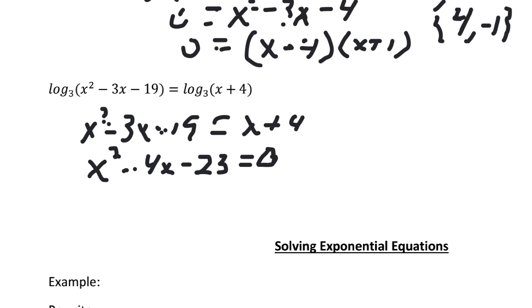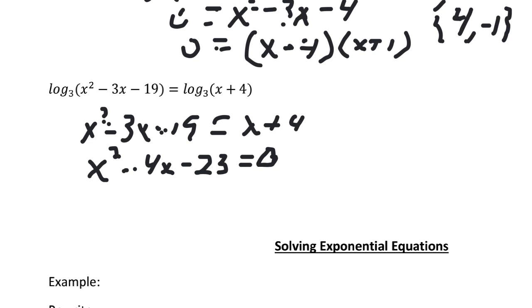x equals opposite of b plus or minus the square root of b squared minus 4 times a times c all over 2 times a. And this is just crazy. So I'm just going to punch it in the calculator, see what I get here.